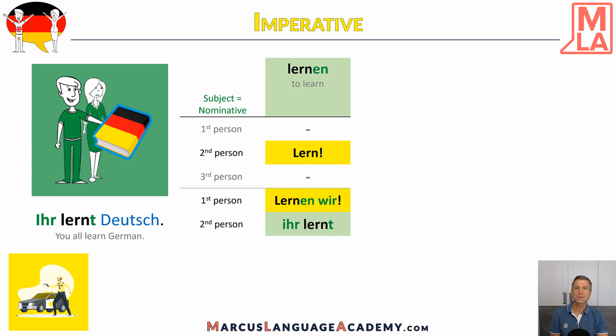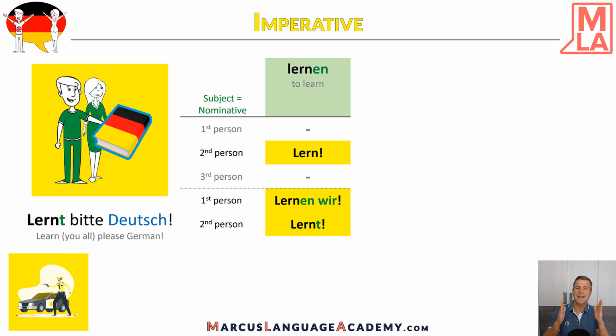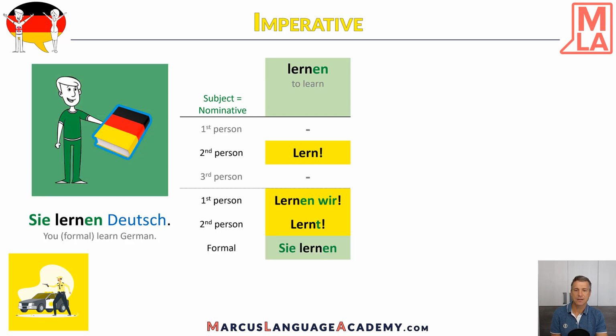The second person in plural is ihr lernt in present tense. Ihr lernt Deutsch. And in imperative, the T of the ending stays, but the pronoun ihr disappears. So it's just lernt. Lernt bitte Deutsch. There's no pronoun anymore, but we have the ending. And in German we have also the formal way to talk to somebody, so it's also really important.